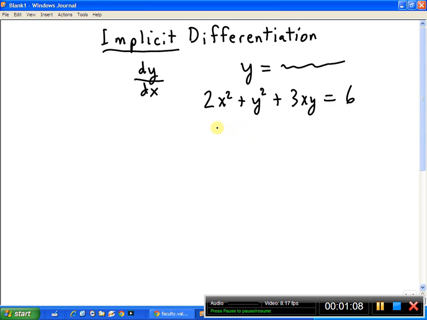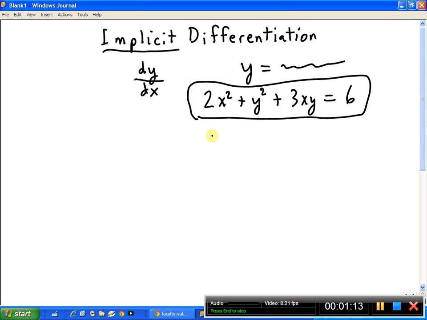Now, the fact that you've got an equation is important here. So let me start all over again and describe what it is that we had before. What we had before was y, which was a function of the independent variable x. So y, the dependent variable, is explicitly written in terms of x.